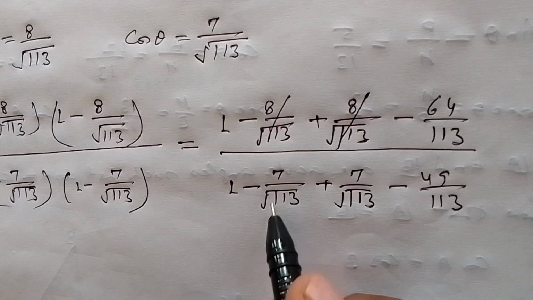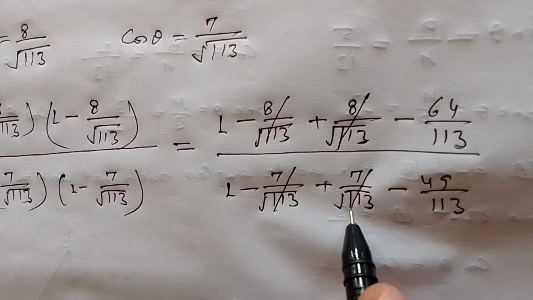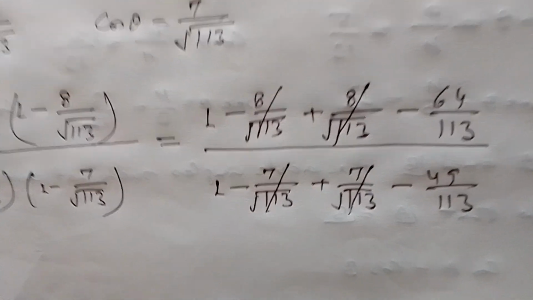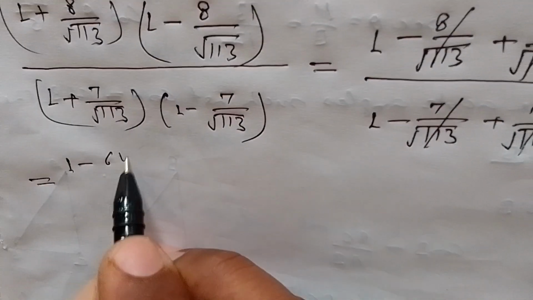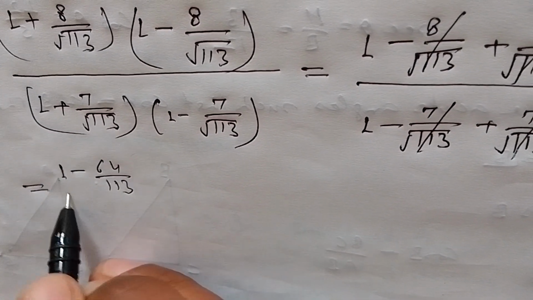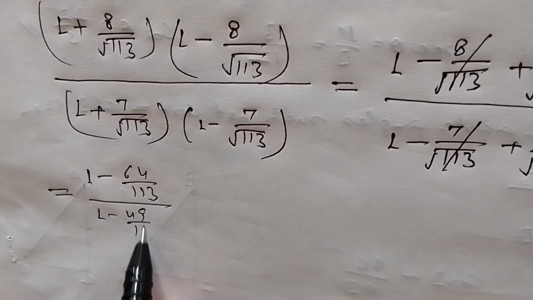Since this is minus and this is positive, these can be cancelled. So now we will write it as 1 minus 64 divided by 113, divided by 1 minus 49 divided by 113.